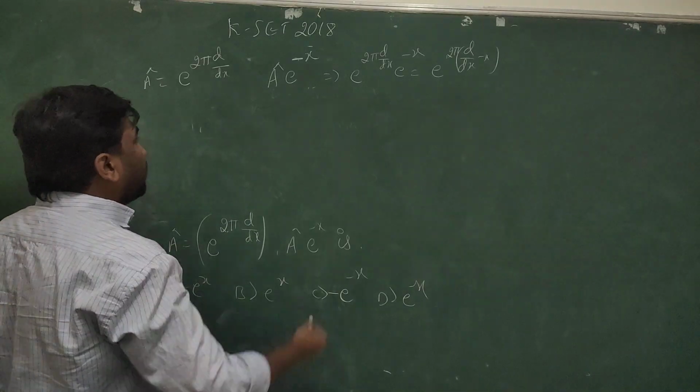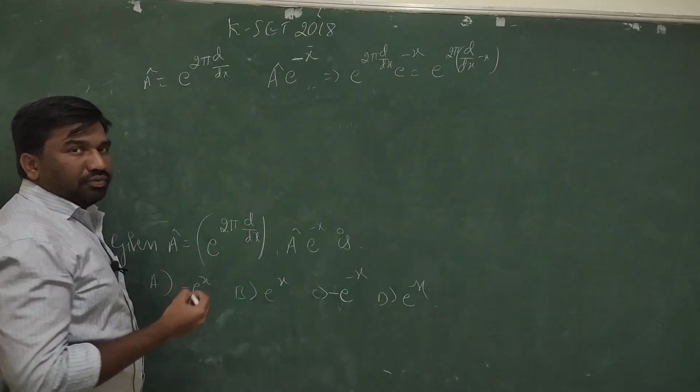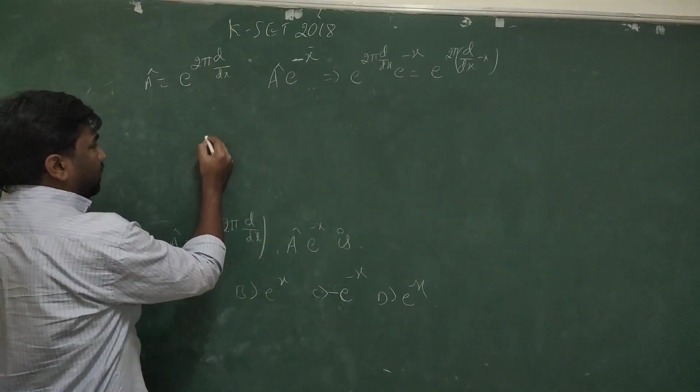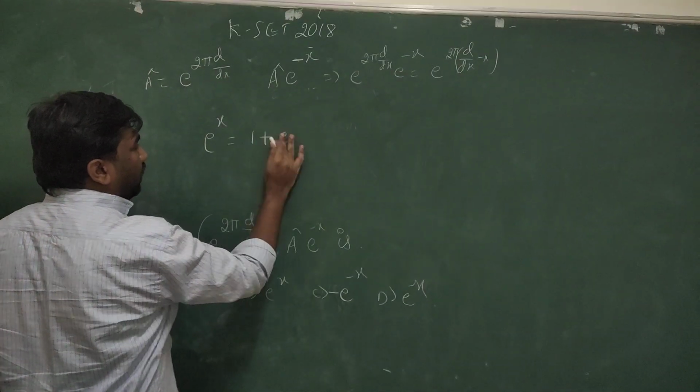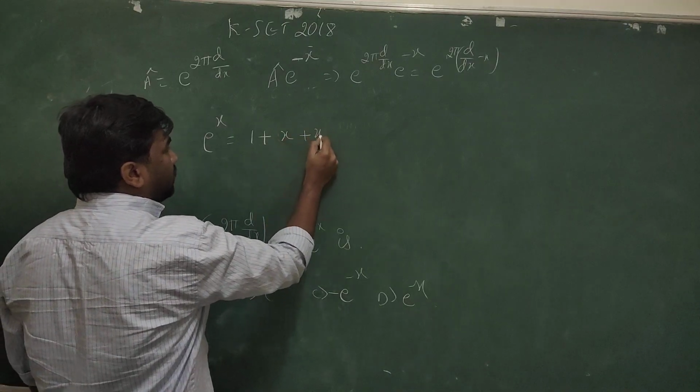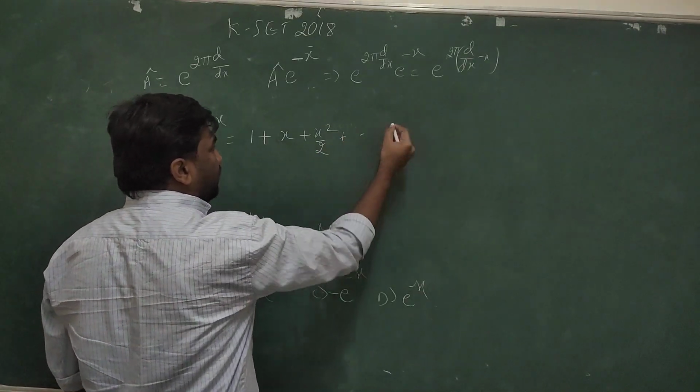So let us take the exponential expansion of e power x. That is, e power x is equal to 1 plus x plus x square by 2 factorial and so on.